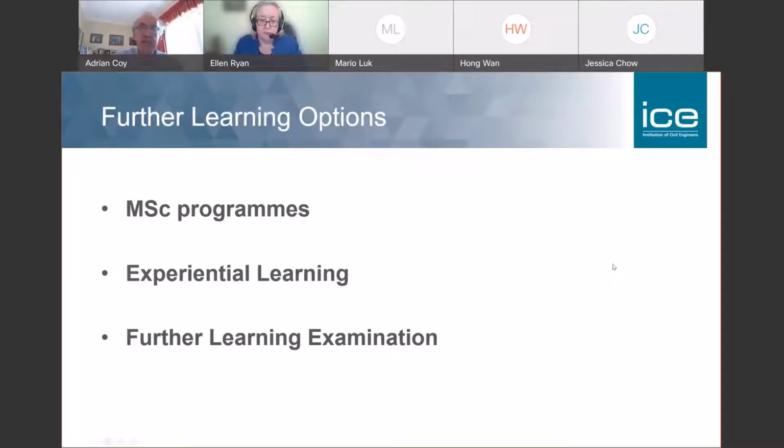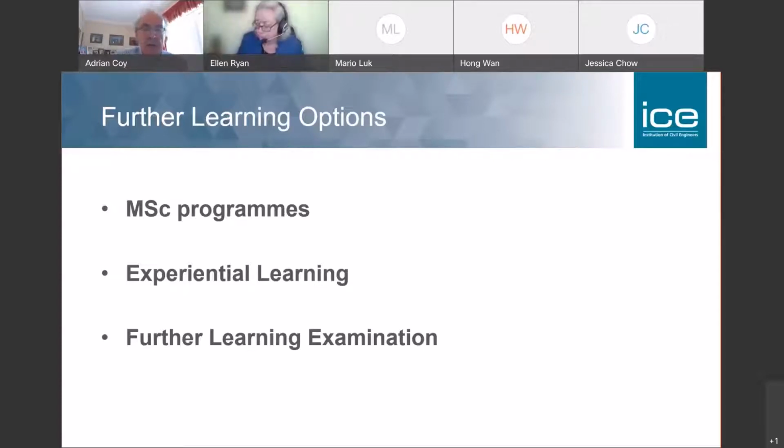Just looking at those in a little bit more detail, we will continue to accredit MSc programmes in Hong Kong, so that option is available to candidates. And indeed, we have completed a virtual visit to Hong Kong University of Science and Technology, I believe, this week. And there are further visits to University of Hong Kong later this month, just making sure that the MSc courses in Hong Kong meet ICE requirements.